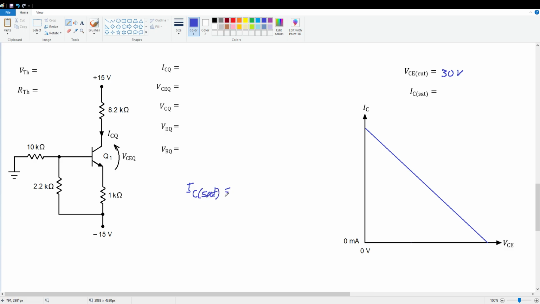Since it's a little more complicated than VCE cutoff, it's VCC plus VEE divided by RC plus RE. So we've got 30 volts divided by 8.2K plus 1K is 9.2K. And that gives us, what, IC sat, about 3.2 milliamps.